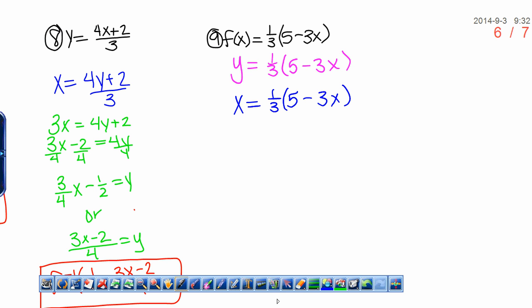I wrote x twice. I do that a lot. Okay, what's one first step we could use? Okay, distribute 1/3. Okay, absolutely fine. What's another first step we could do? Like multiply by 3. Yeah, you can multiply both sides by 3. Either one is fine. Pick which step makes more sense to you, and go ahead and find your inverse.